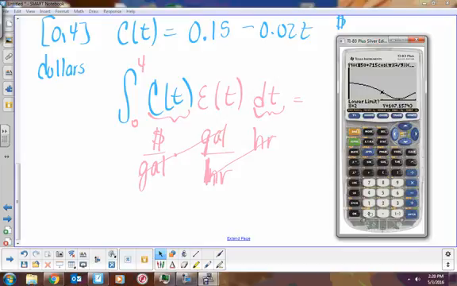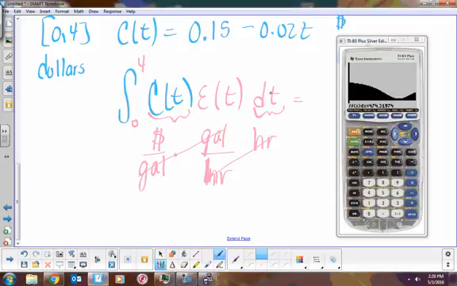So we're going to do 0 to 4. And how much is this going to cost? Did they say round to the nearest dollar? It's going to be approximately $474. Does that help? Okay, next question.